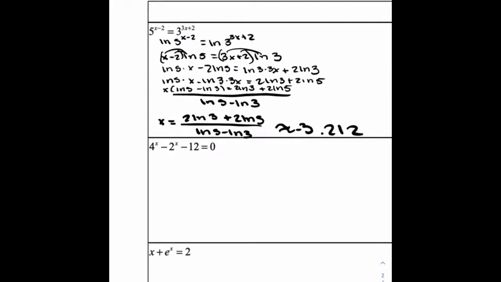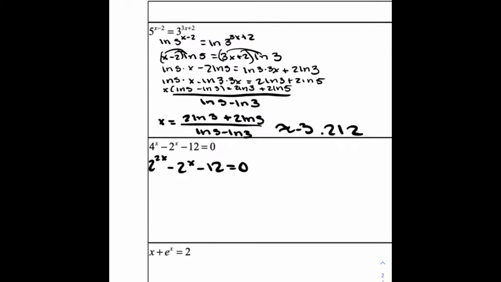Alright, next we have 4 to the x minus 2 to the x minus 12 equals 0. I'm going to try and get that same base. So I know 4 to the x can be written as 2 squared to the x, and then minus 2 to the x minus 12 equals 0.